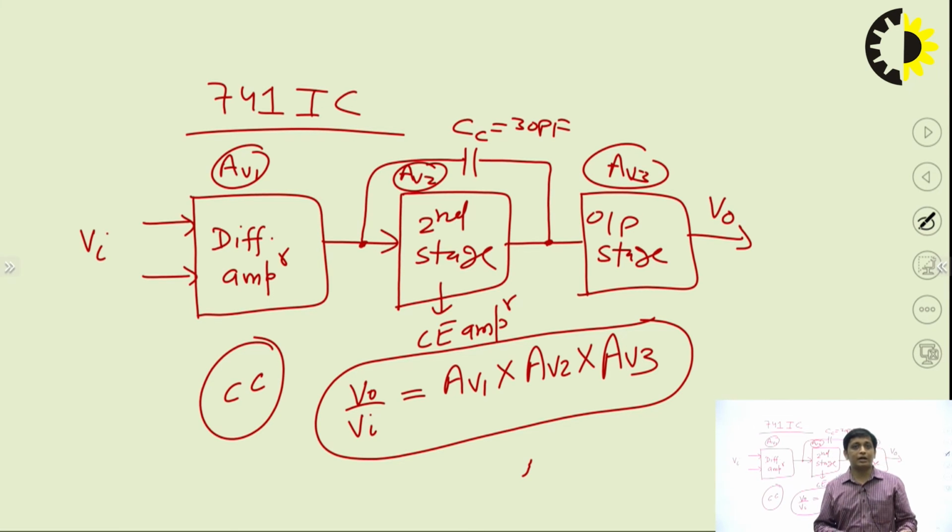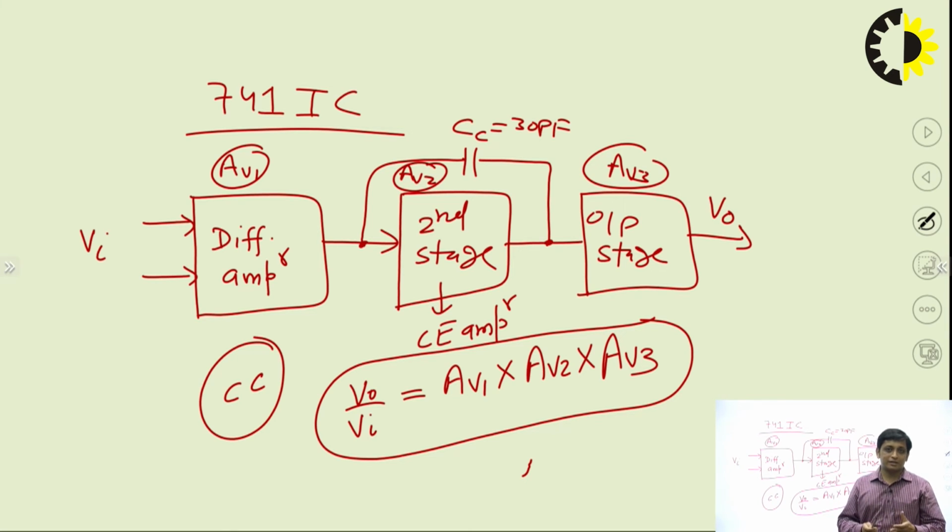There is another kind of amplifier that is called capacitively coupled, in which we use additional coupling capacitors to couple the stages. But in IC, we avoid these coupling capacitors because their size is large, and it is not possible to fabricate large values of capacitors inside the IC, right? So that's why this 741 IC is a direct coupled amplifier.